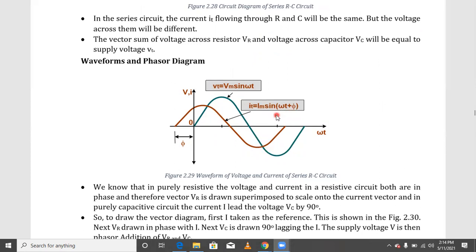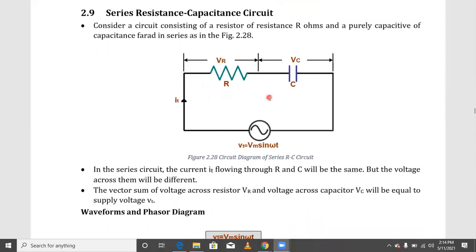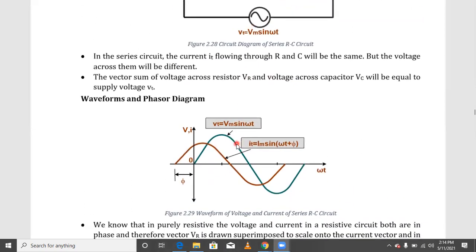That means the current phasor is leading. In this circuit, voltage lags and current leads. Current leading means its angle is positive, compared to the voltage.